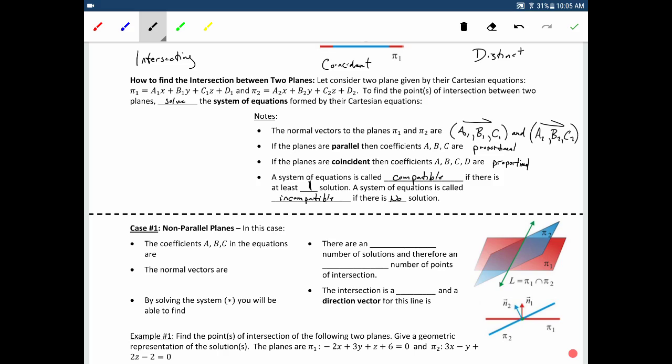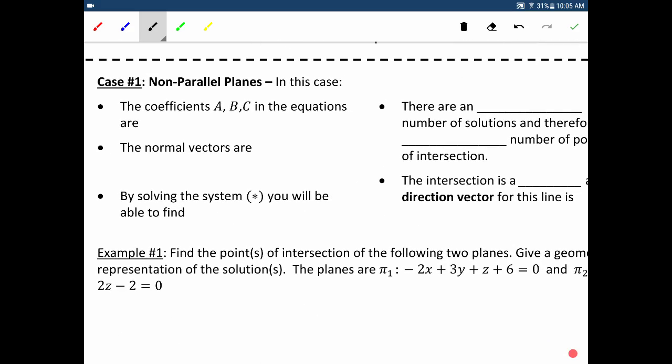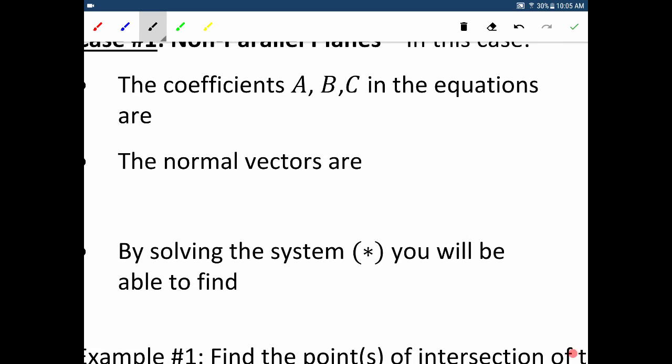So let's take a look at the first, certainly the most interesting, of the possibilities: when they are not parallel, and this is where they're going to intersect in a line. So first of all, A, B, and C are not proportional.